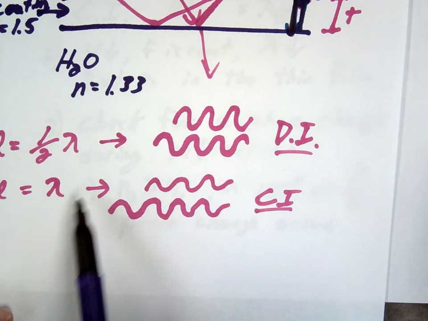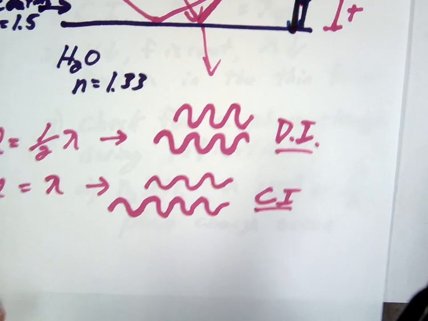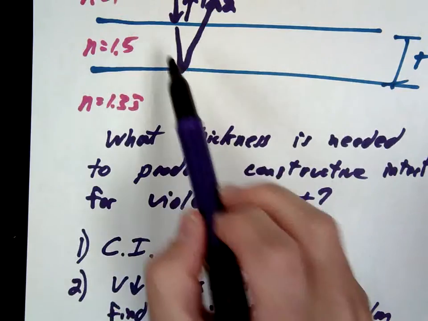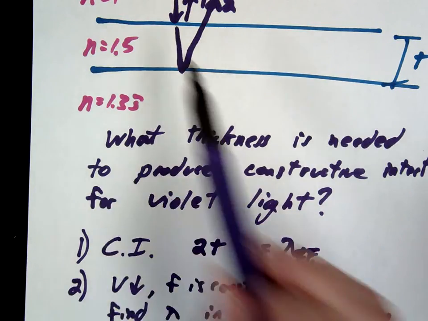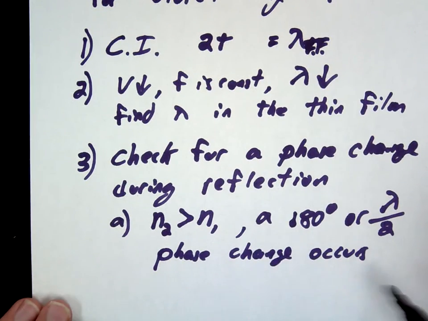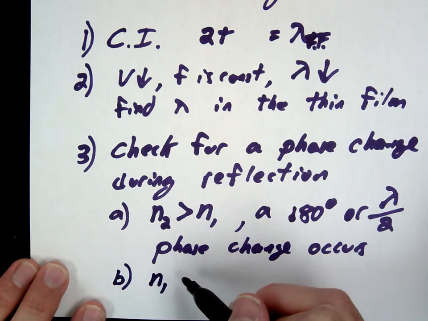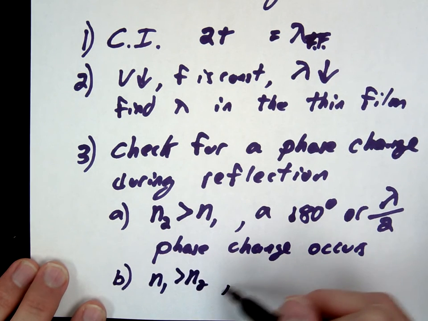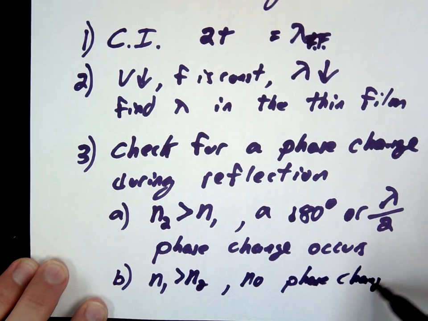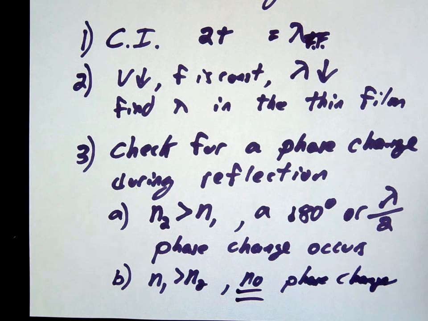So it's off by 1/2 of a wavelength. So it's a 1/2 wavelength change. So that's what we're going to look for. If n2, and by n2 I mean the second medium, is greater than n1, then there's a phase change. If n1 is greater than n2, then there's no phase change.